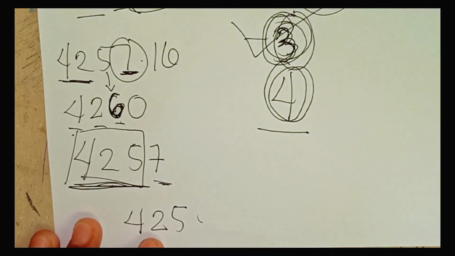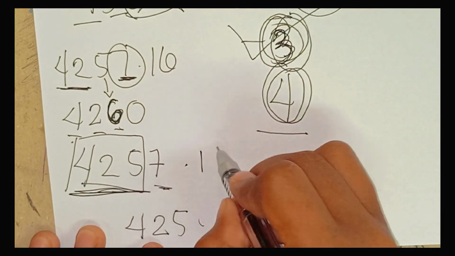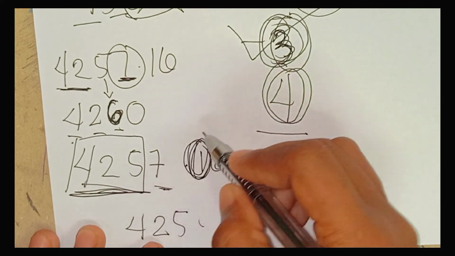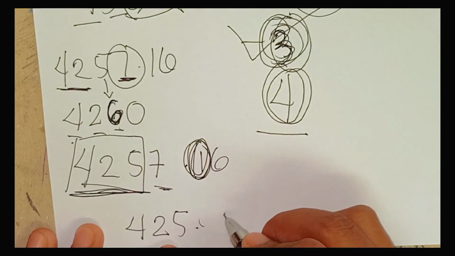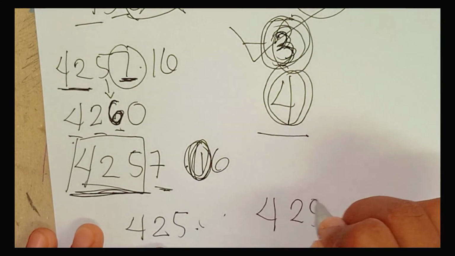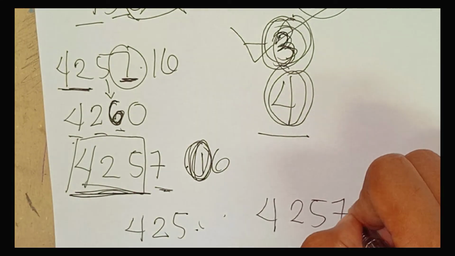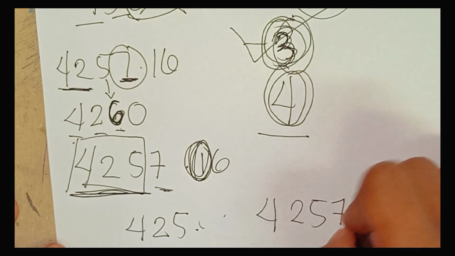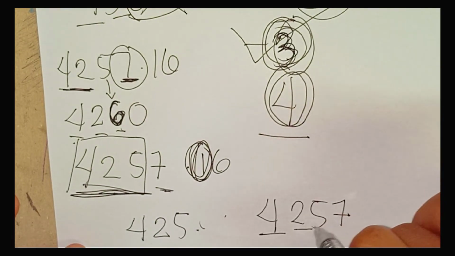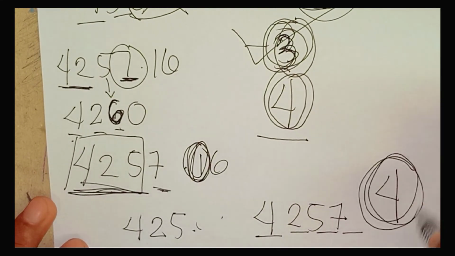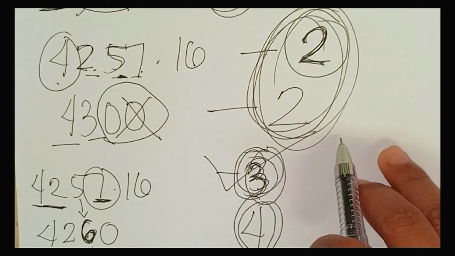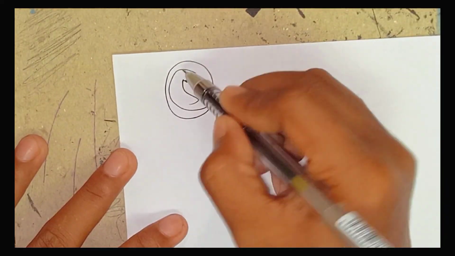The next number is 1, so we keep 4257, and we have 1, 2, 3, 4. We have 4 sig figs.